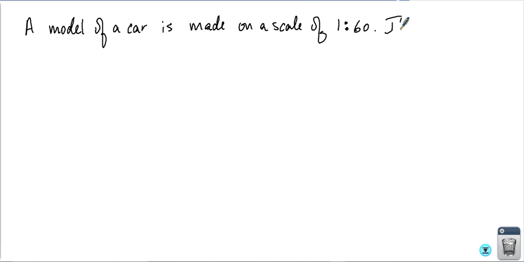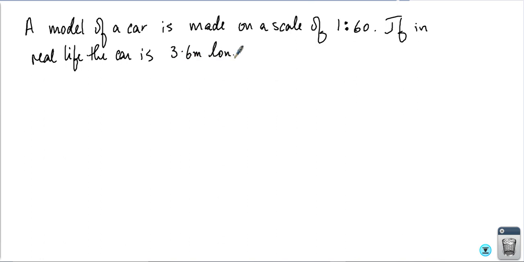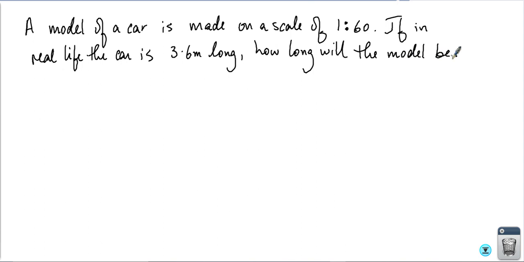If in real life the car is 3.6 meters long, how long will the model be? So this time we have the model of a car.